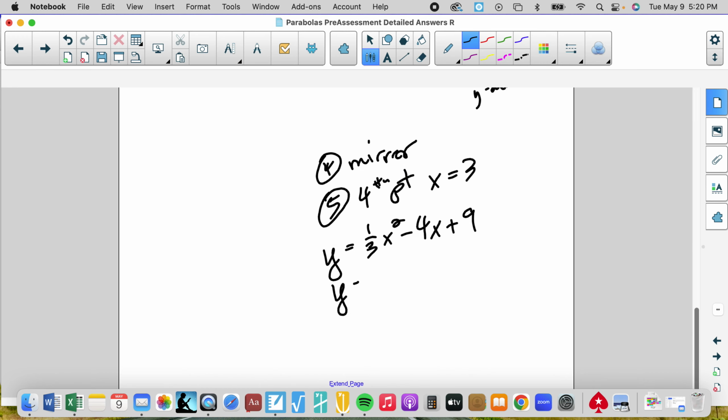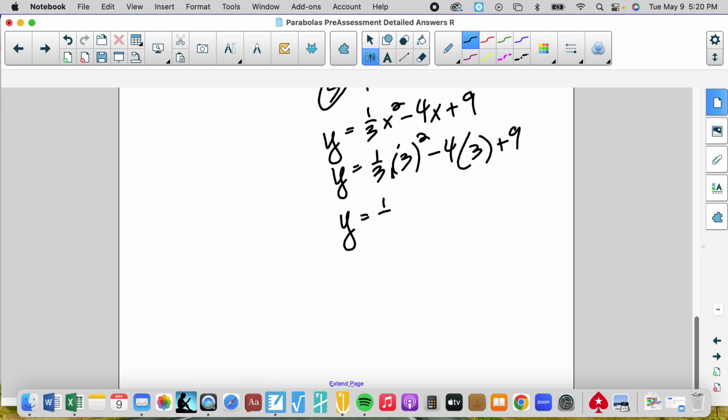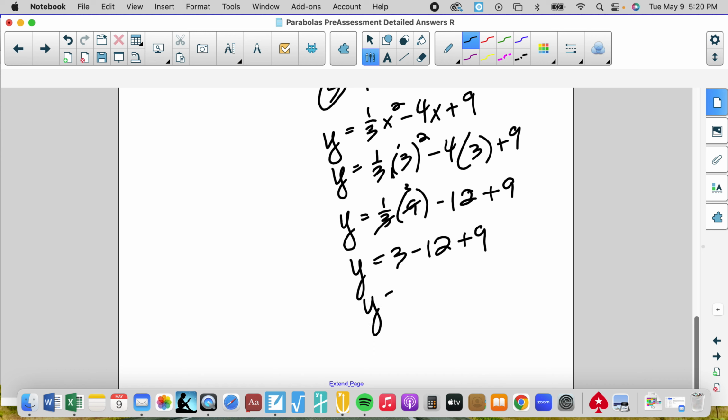When we plug in 3 for x, you get this as your equation, and 3 squared is 9, and 1/3 times 9 gives me 3, so I have 3 minus 12 plus 9, and we get negative 9 and positive 9.